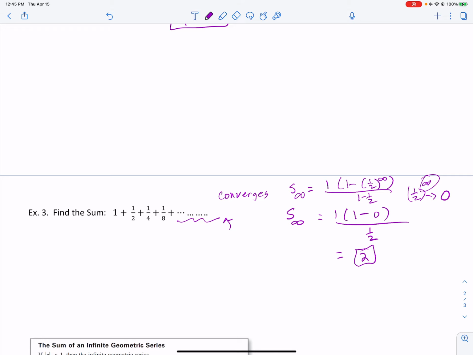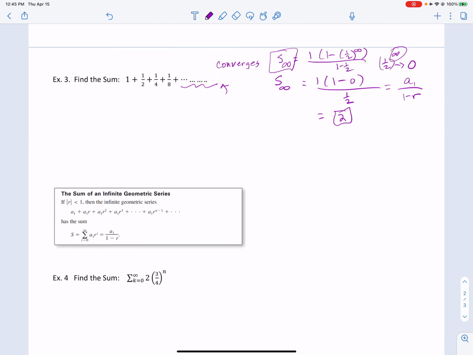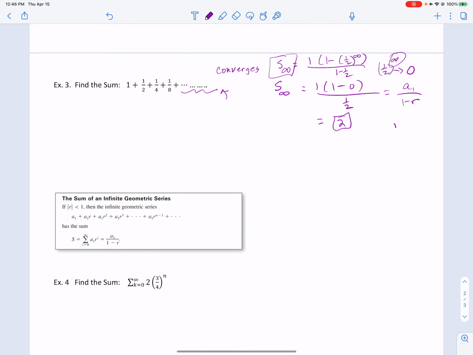Now, we simplify this formula. Since it's to infinity, we're simplifying that formula. And notice that since it's 1 minus 0, the numerator just becomes your first term. And the denominator is 1 minus r. And so that is the formula for an infinite geometric series. But this is only good when r is between -1 and 1. It has to have that property that when you take the ratio to a large number and that's getting larger and larger, that it goes to 0.